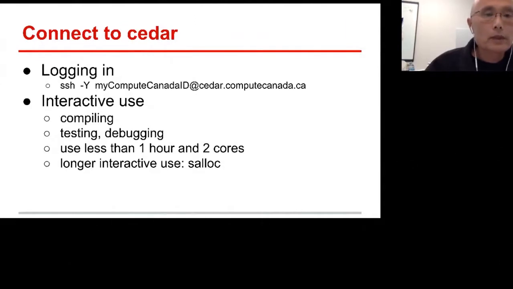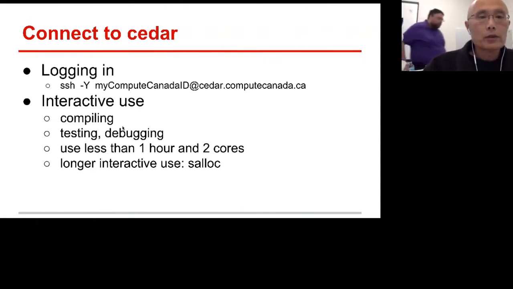Okay, so I'm just going to ask you to log in at this point, I guess. So once you're logged in, you're on this login node, and interactive use should be limited. As I said, these systems are meant for batch use, so things you do on the login node should be limited to compiling, testing, debugging.